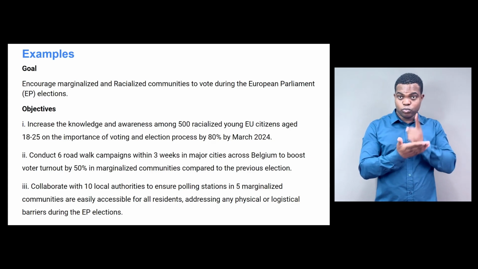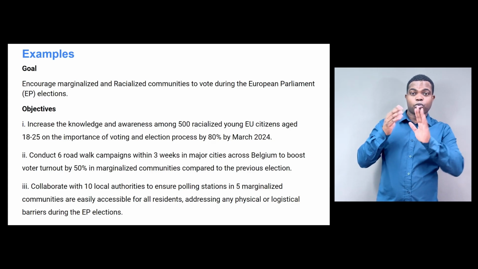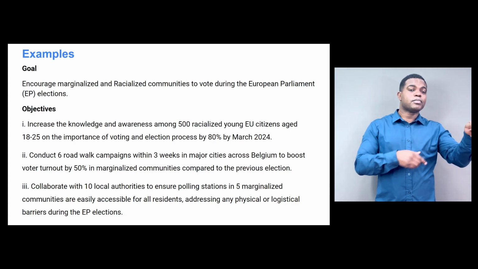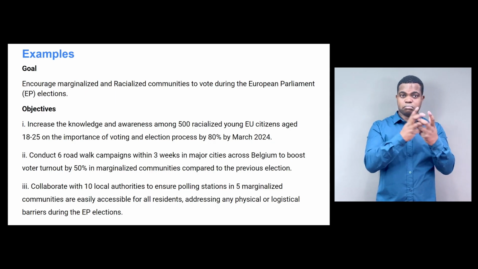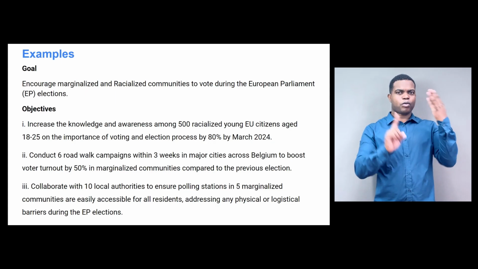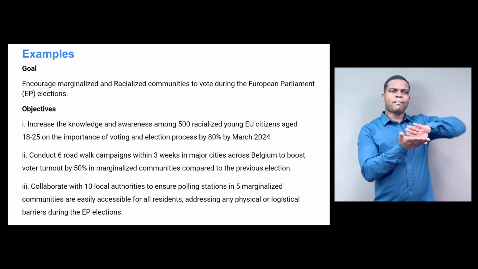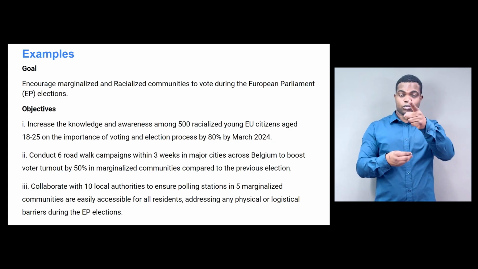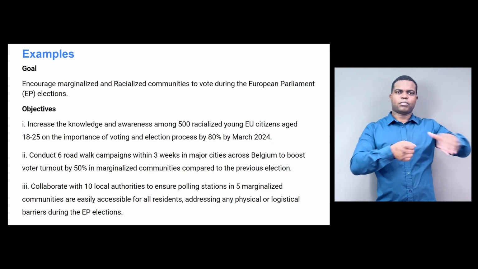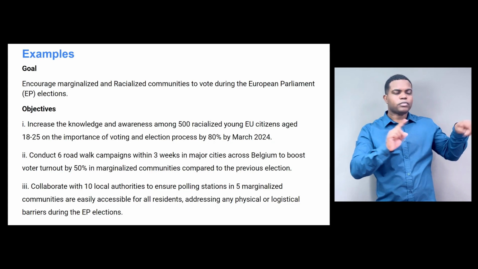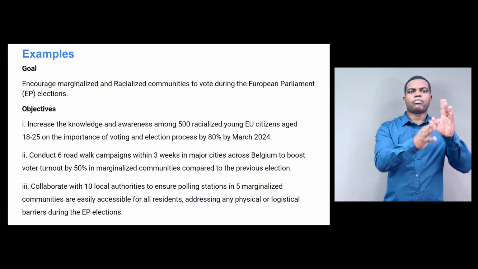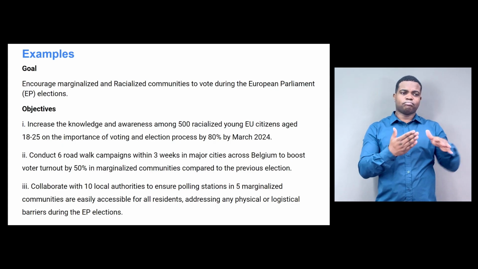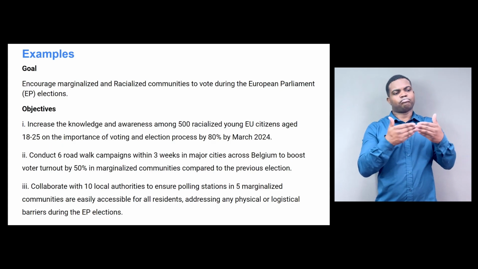So is it realistic? Does it align with the goal of your community initiative? Does it align with the goal of other stakeholders? Since the overall goal is to encourage marginalized and racialized communities, this objective, which states to collaborate with authorities to ensure that polling stations in marginalized communities are easily accessible, fits.